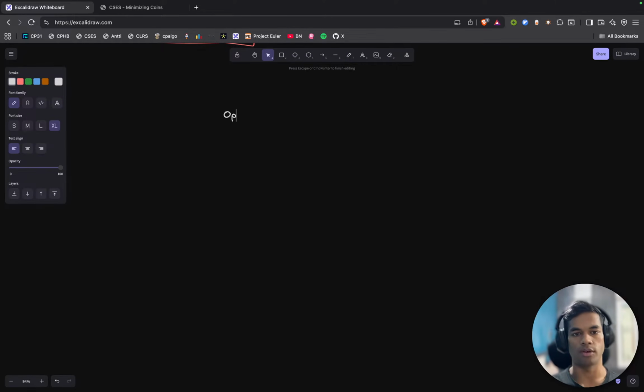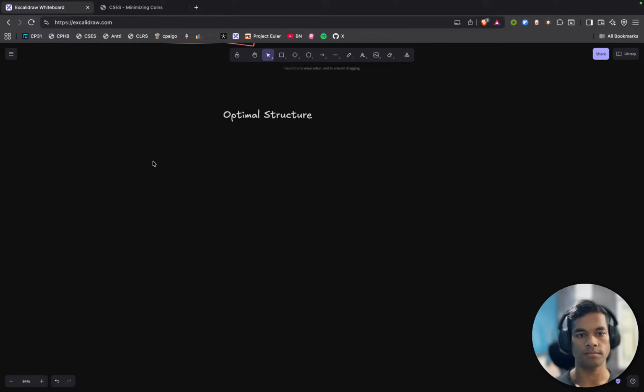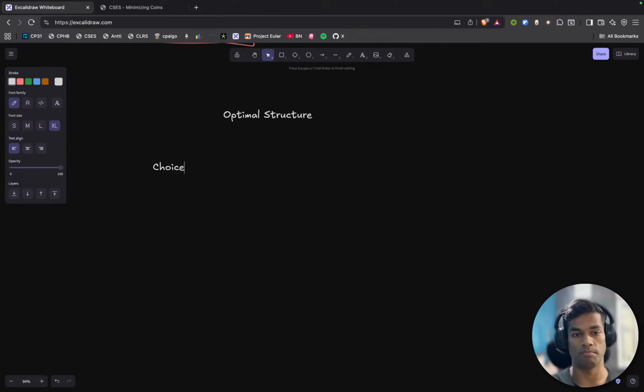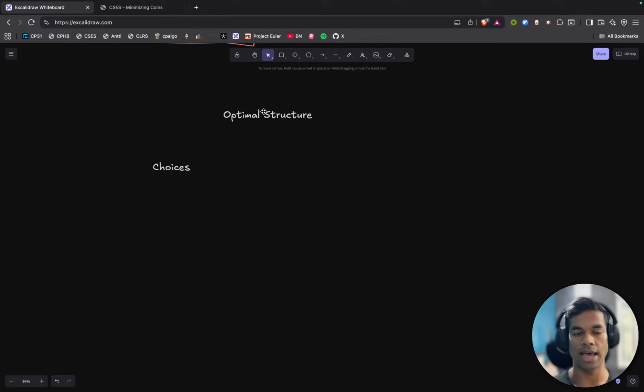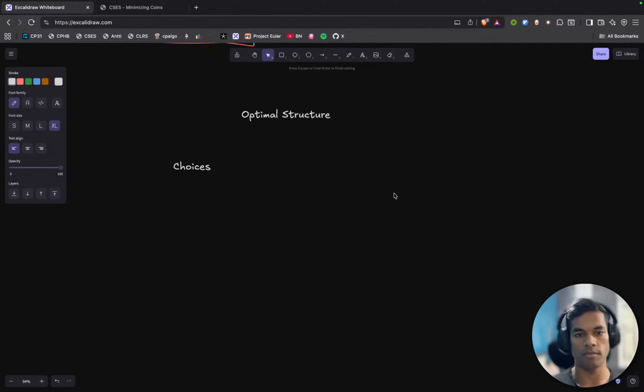Our optimal structure depends on two things. It has two things which can vary our optimal structure: the number of choices, let's actually write number of choices instead of just choices, and the number of subproblems.